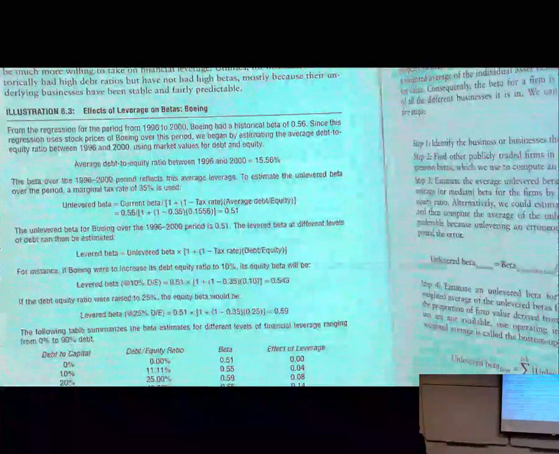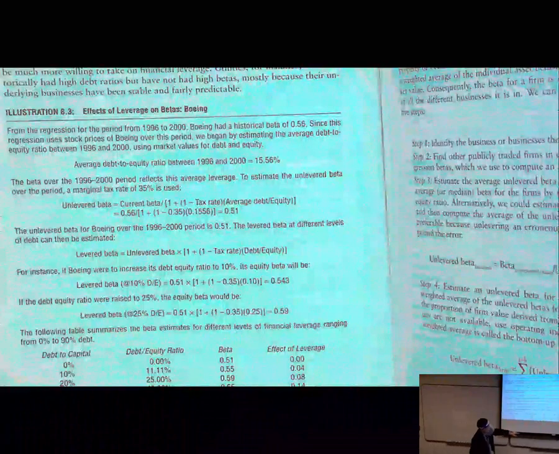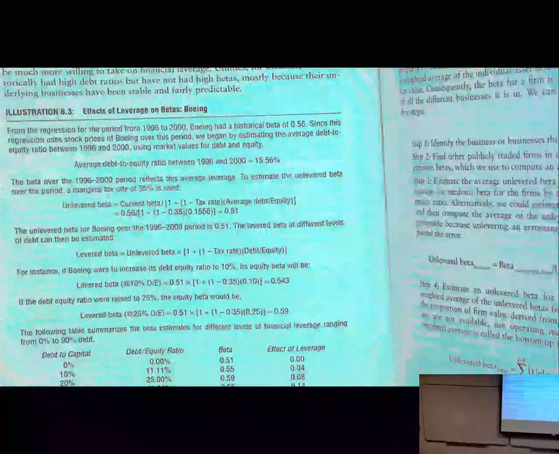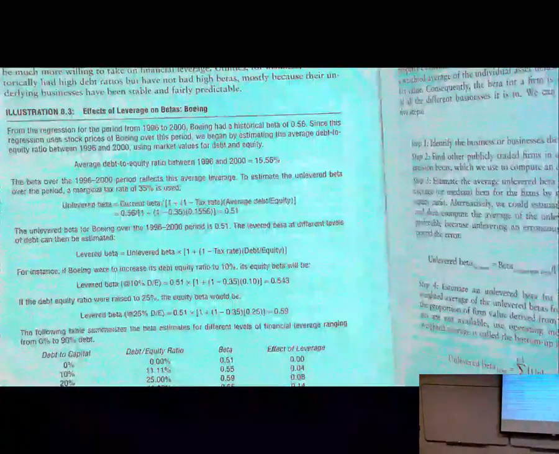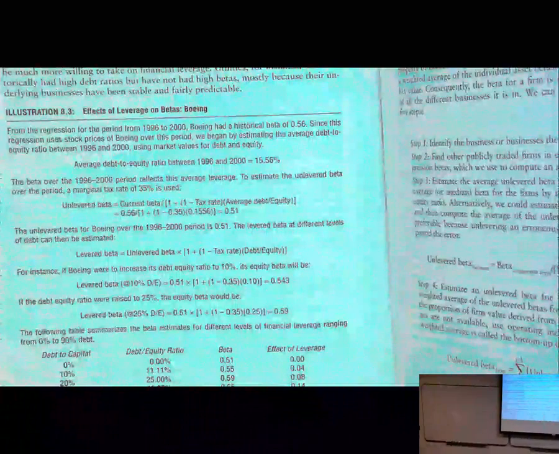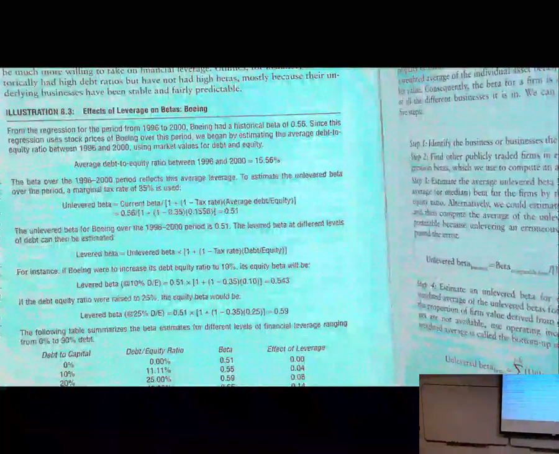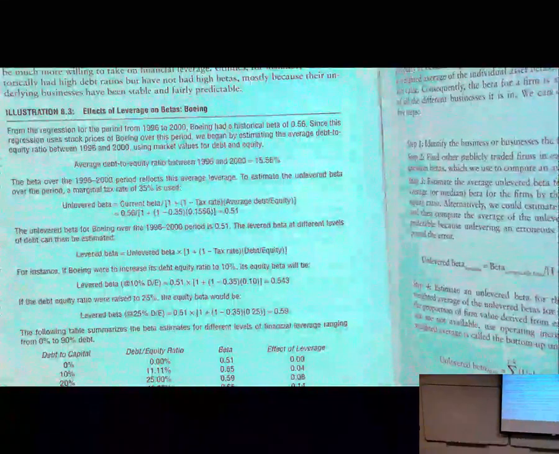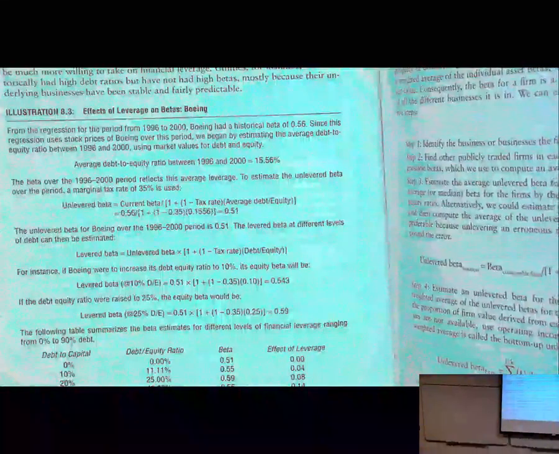From there, we want to know what the unlevered beta is first. We know the levered beta from the regression, and we know the past data structure. So we want to figure out the unlevered beta: what's the beta if Boeing had no debt in the past?